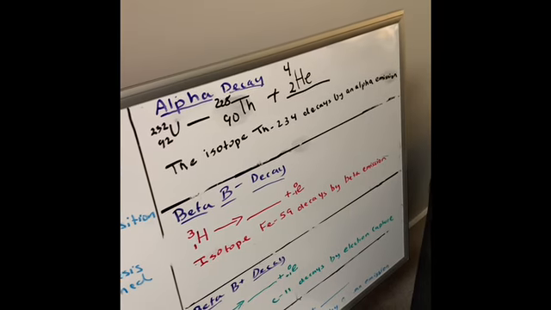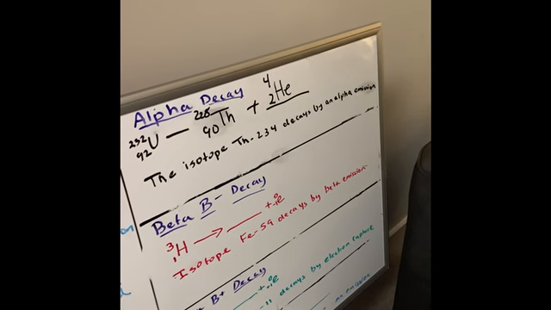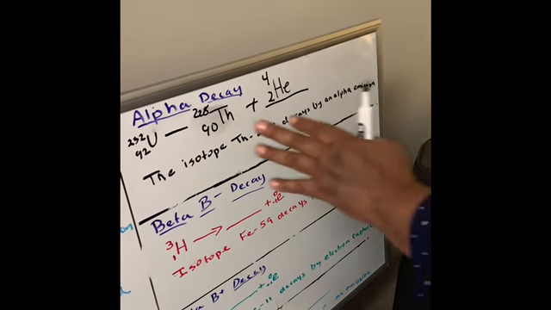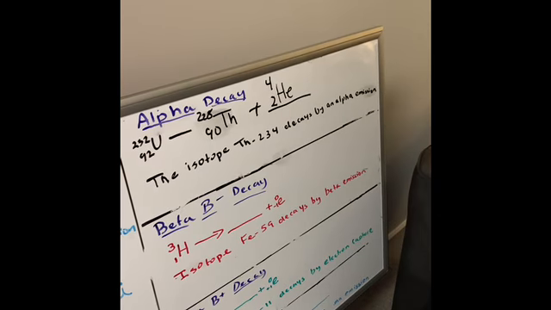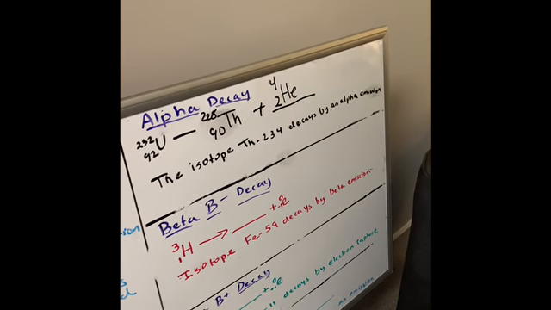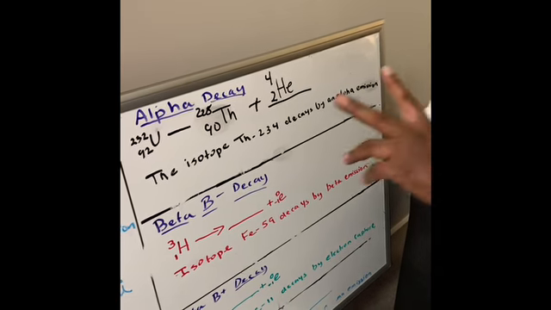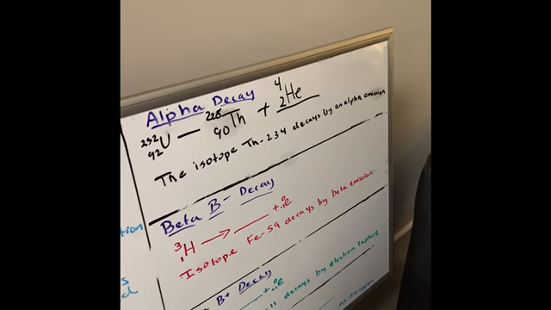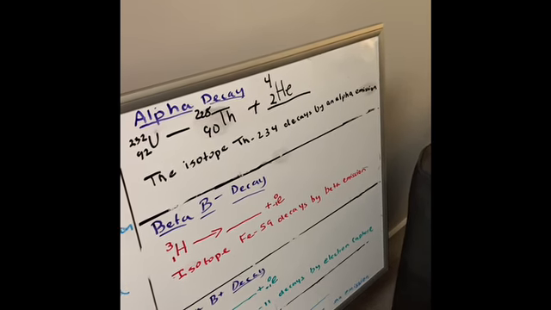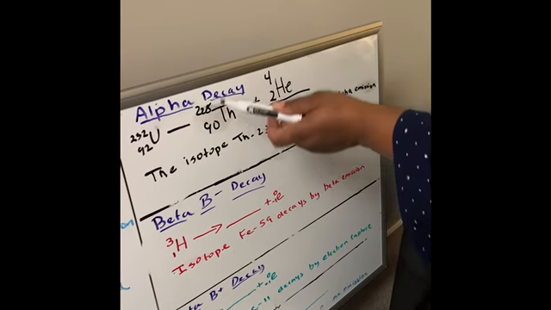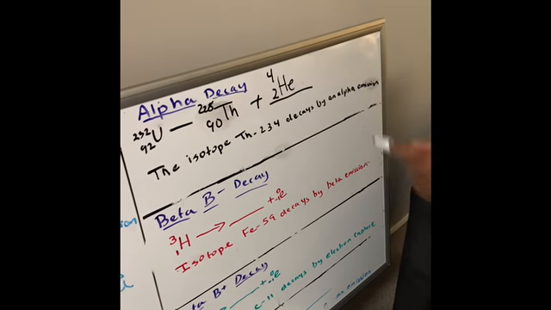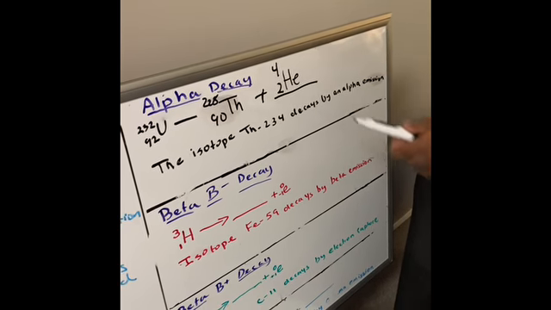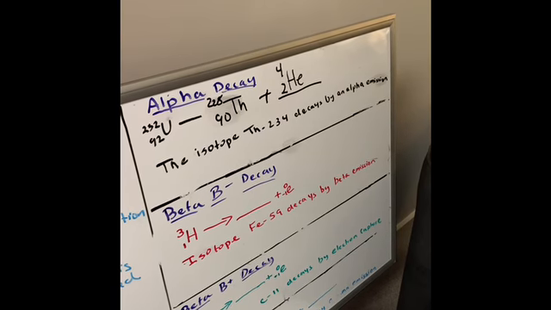So just by way of reminder, with an alpha decay, you're going to see a change by 4 in the atomic mass, while you're going to see a change by 2 in the atomic number. And whenever you're finishing out the equation, you're going to end up with helium in the products.